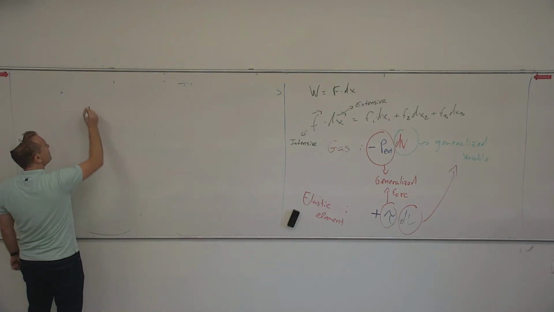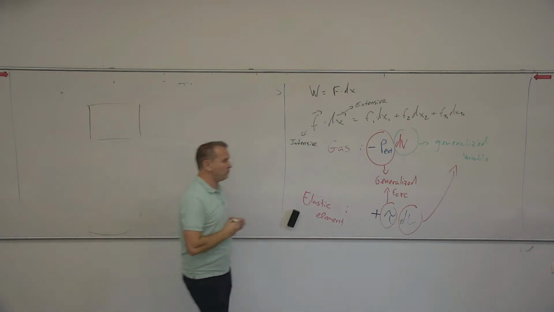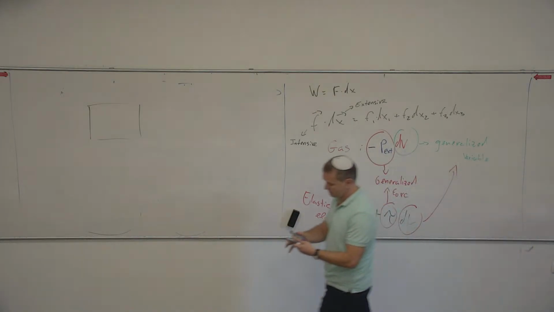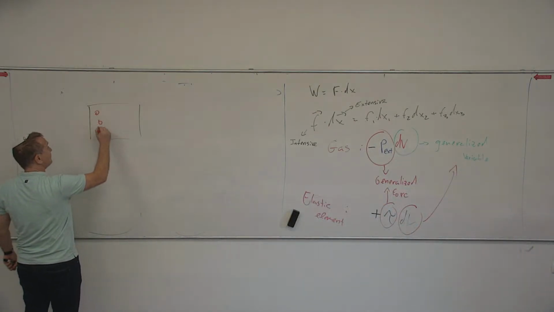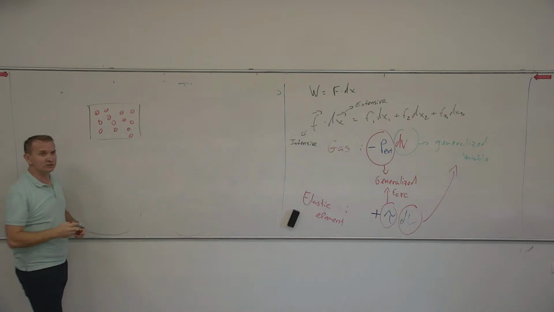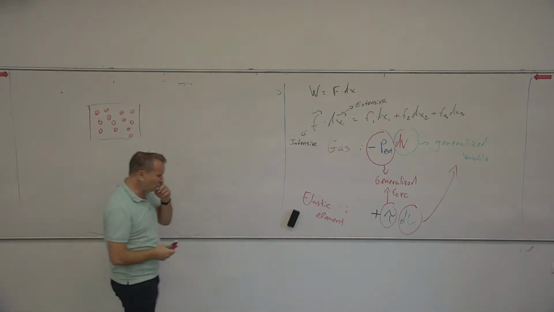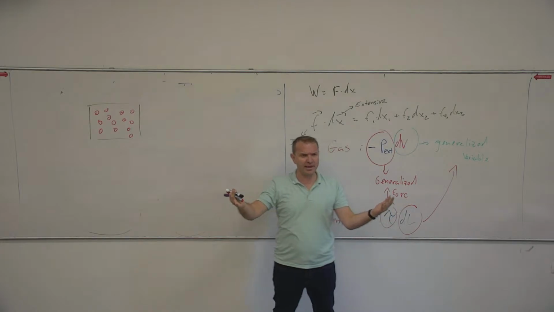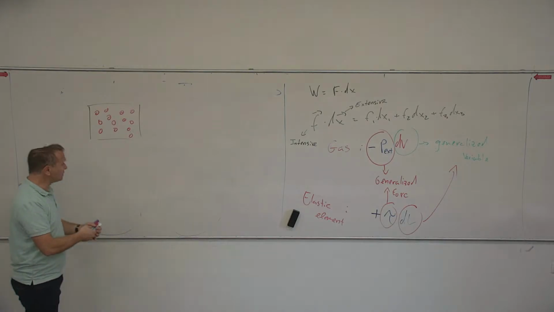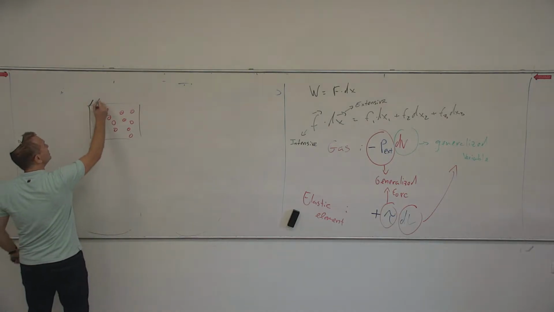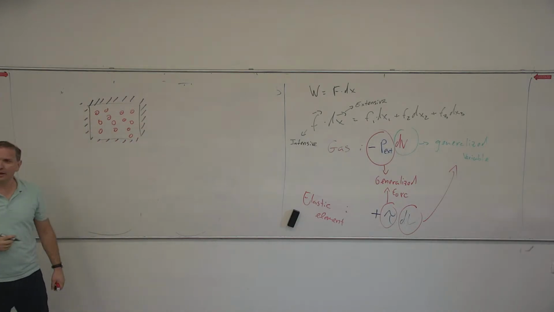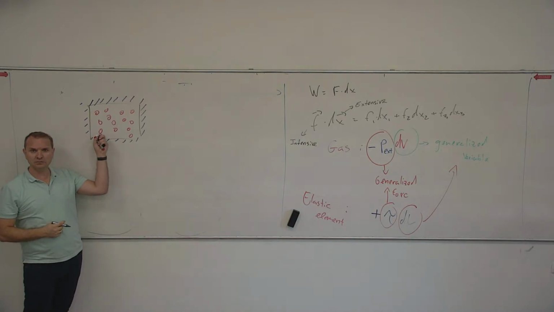So if I have a system and there's a bunch of molecules inside, when I say that I have some sort of control over the system, I usually mean either I let the heat flow in or flow out, or I impose adiabatic boundary conditions, when no heat can either get into the system or get out of the system.